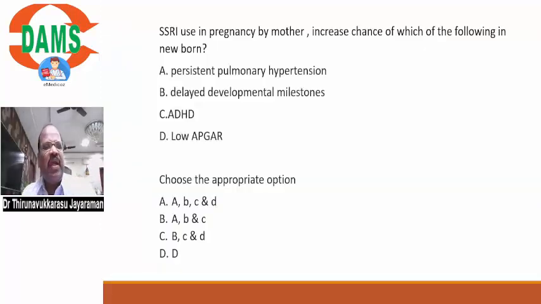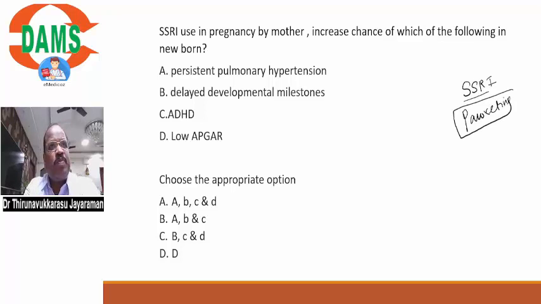Next. SSRI use in pregnant mothers increases the chance of which of the following in the newborn? See, SSRIs are teratogens, mainly paroxetine is the most teratogenic SSRI.